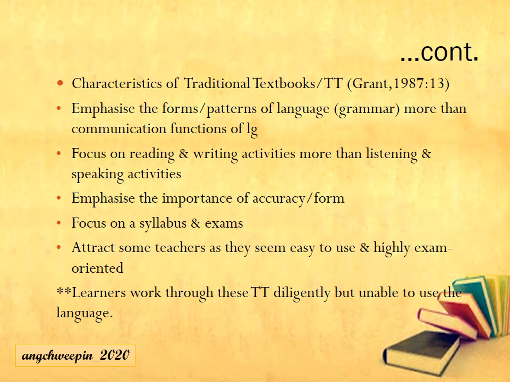The characteristics of traditional textbooks, as pointed out by Grant in 1987, are these. Traditional textbooks emphasize the forms or patterns of language, that is grammar, more than communicative function of the language. They focus on reading and writing activities more than listening and speaking skills or tasks.